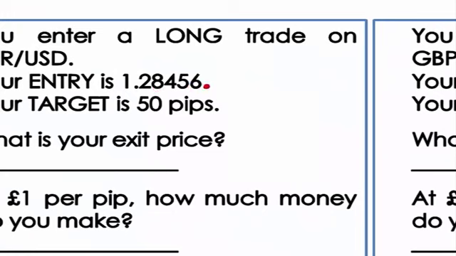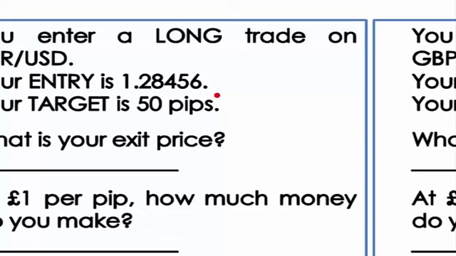Remember that 6 at the end there is tenths of a pip. Now, if we're going to buy at 1.28456 and your target is going to be 50 pips higher than that, what would be your exit price? Have a think about that now.